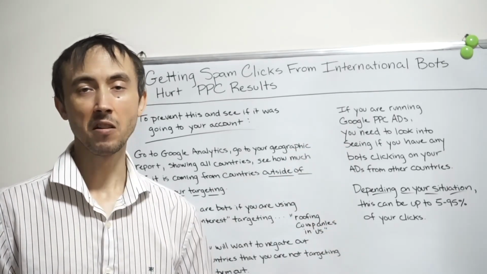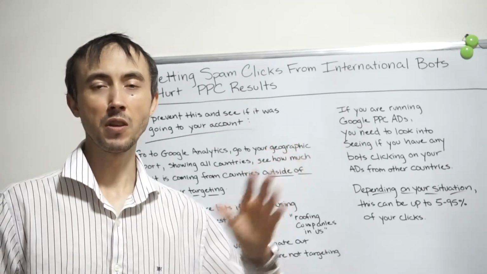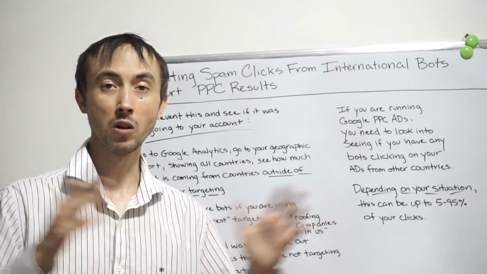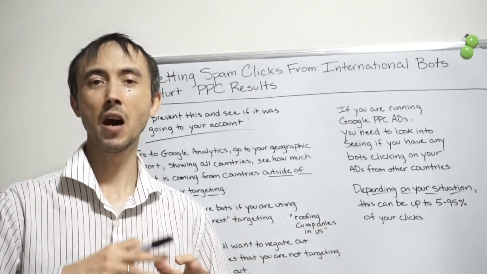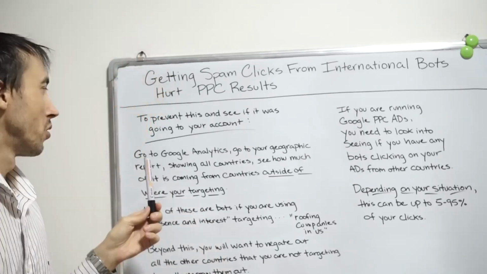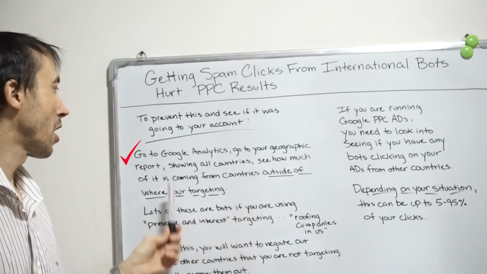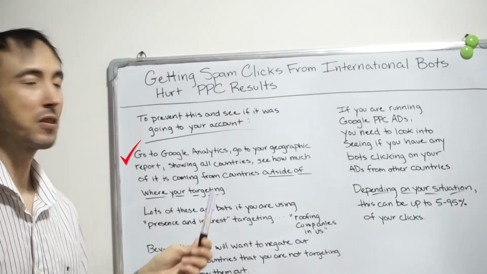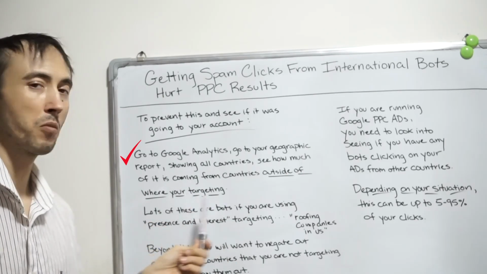From there you can actually see by default the entire world, and how many clicks you're getting from each country. So you want to show all countries and then see how much of your traffic is coming from outside the area in which you're targeting.